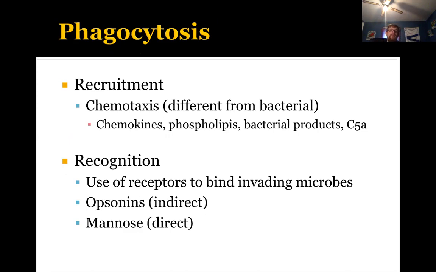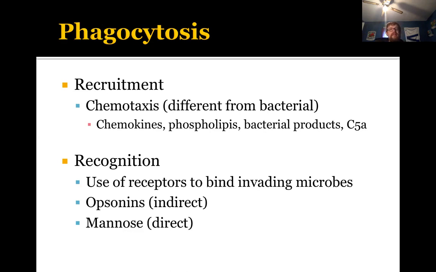So here we have chemokines, phospholipids from bacteria, other bacterial products, and C5a from the complement system, which are really important for chemotaxis, helping draw those macrophages and those dendritic cells to a site of infection.